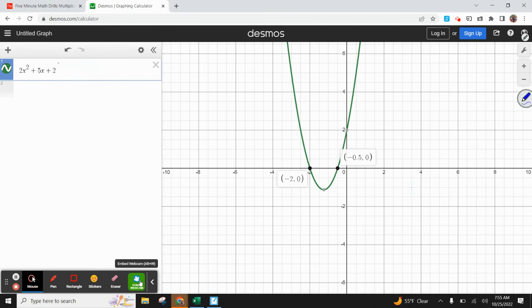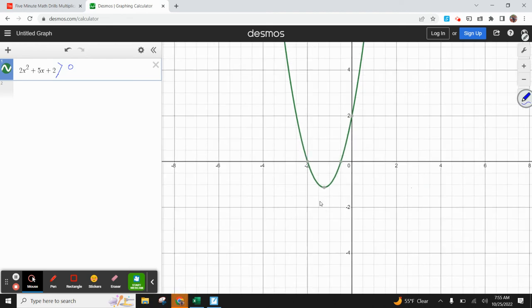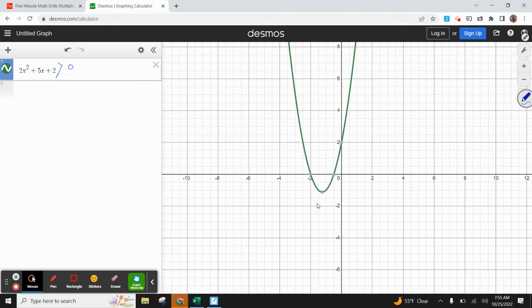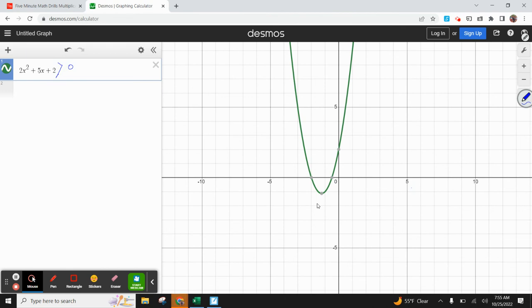So greater than 0. So I'm going to check a number in here, we'll call this negative 1, 0, and we'll test that point.